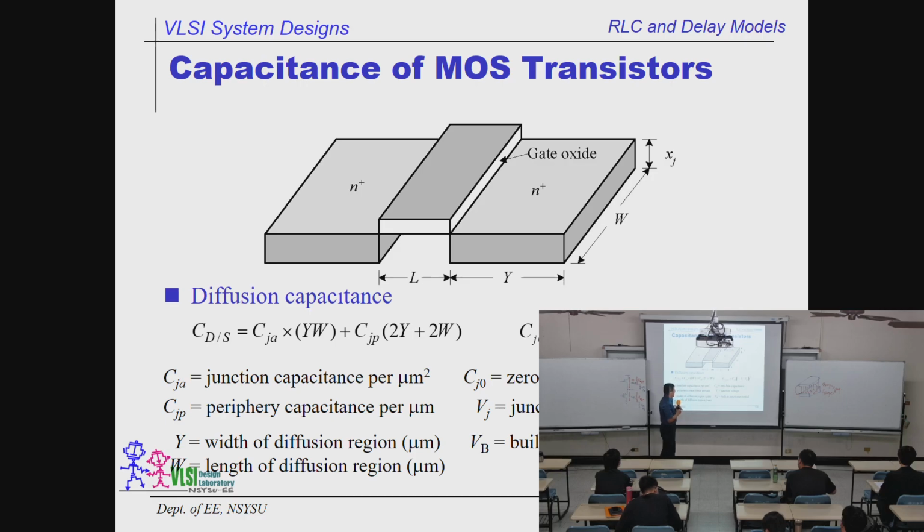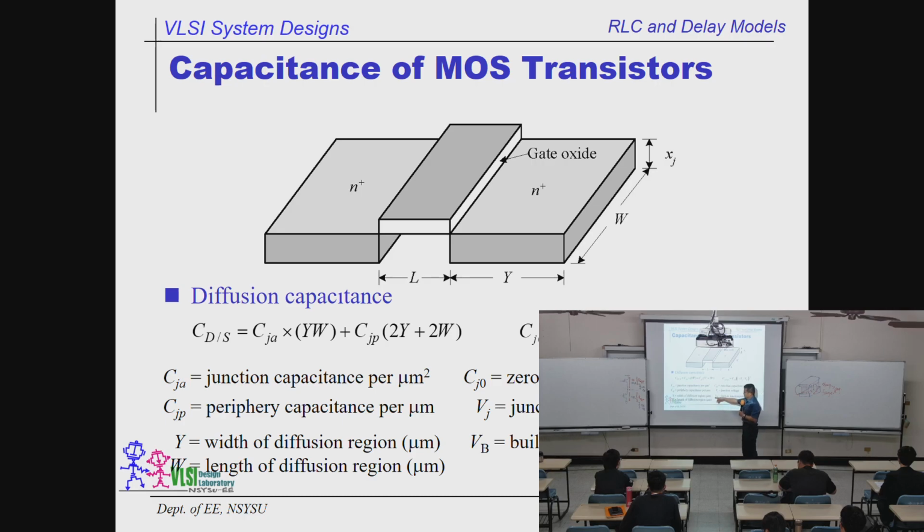JP, P stands for the parameter. So it's on the what? On the walls of this area. So it's 2 times Y, 2 times W. It's around the area. So the diffusion cap is composed of these 2 terms, the bottom plate and the side walls. Okay, side walls is the peripheral capacitance.